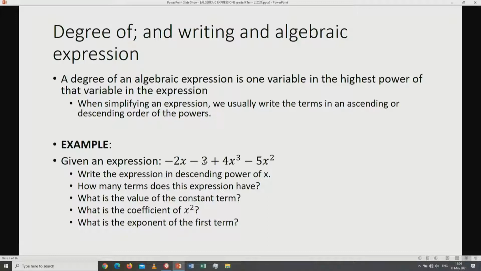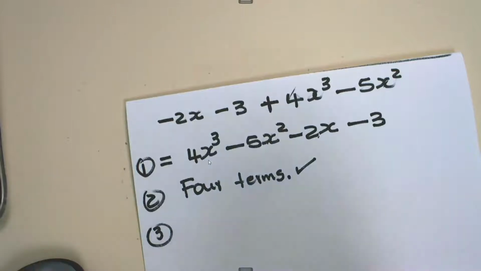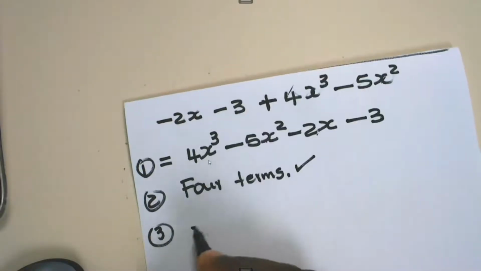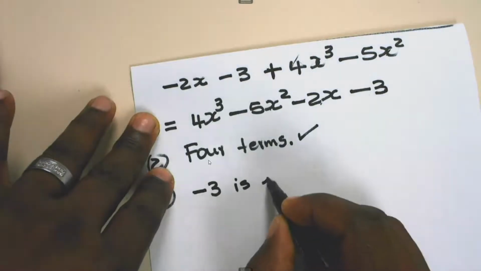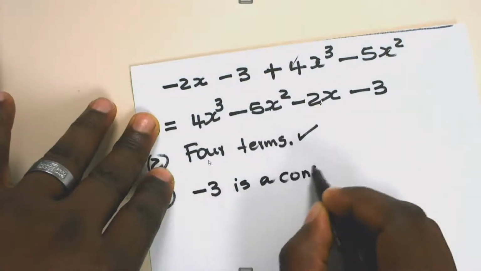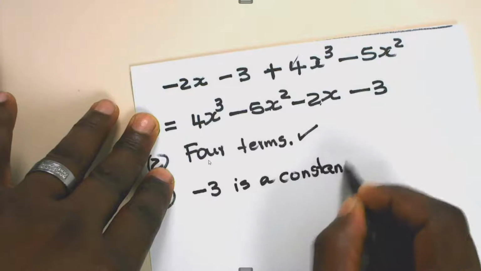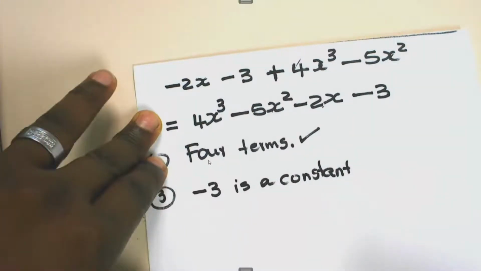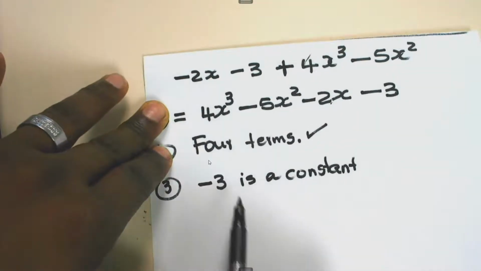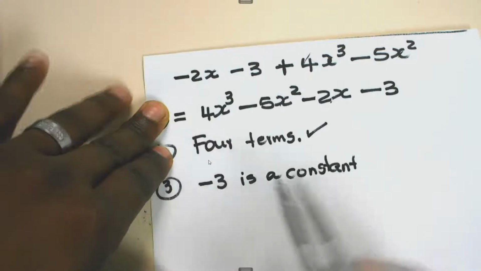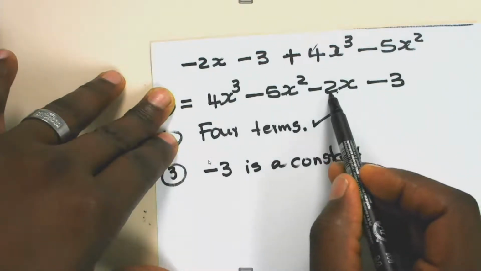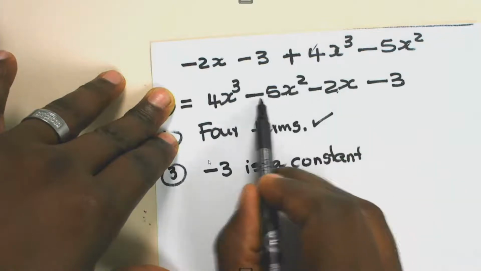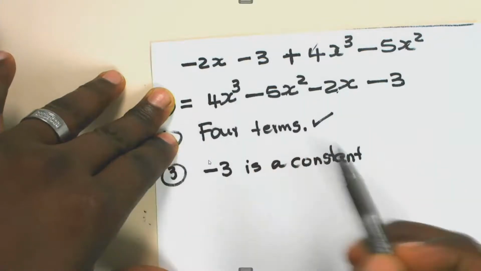Which one is a constant term? It's negative 3. So negative 3 is a constant term. Why do we call it a constant term? Because it has no variable. Okay, so this one cannot be a constant term. It is the coefficient of x. This is the coefficient of x squared. This is the coefficient of x cubed.